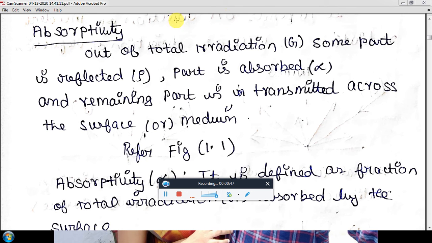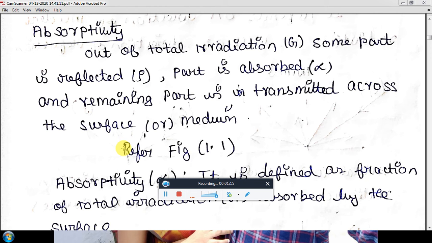So of the total irradiation, some part is reflected, a part is absorbed, and the remaining part is transmitted across the surface or medium.